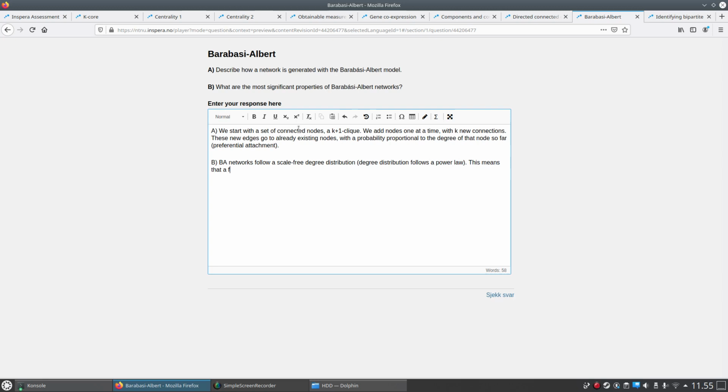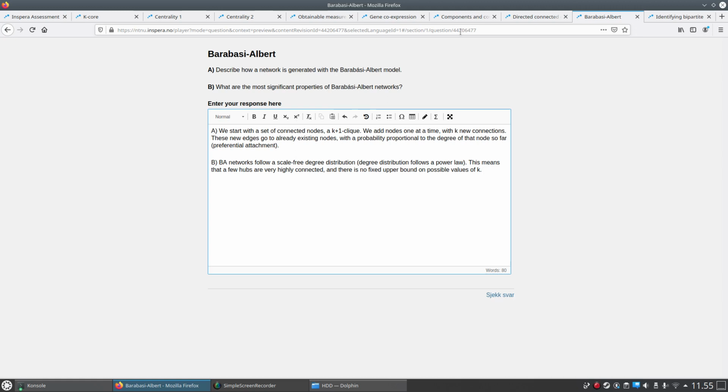This means that a few hubs are very highly connected, and there is no fixed upper bound on possible values of k. Essentially, with scale-free networks, we can have some very highly connected hubs in ways we're not going to find in, for instance, an Erdős-Renyi network, where the distribution falls off much faster and is much more even. In a BA network, you're going to have a lot of nodes that are poorly connected and a few that are very highly connected.